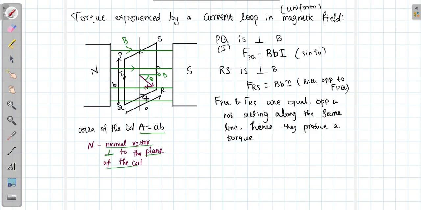Therefore QR will experience a force in one particular direction. At the same time, SP will experience a force in the opposite direction, and they are equal, opposite, and acting along the same line. They cancel each other. The forces on QR and SP, we will see one by one.